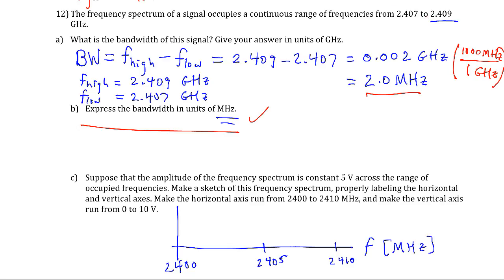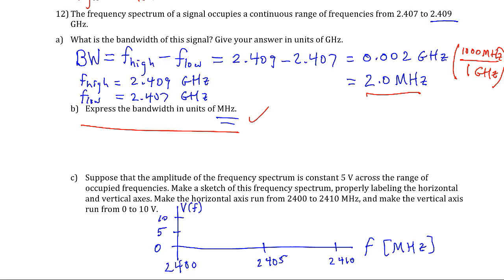Now it wants me to label the vertical axis V as a function of F, the voltage or signal strength. Here's 10, here's 0, here's 5.